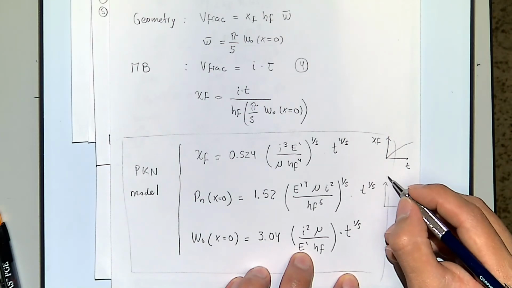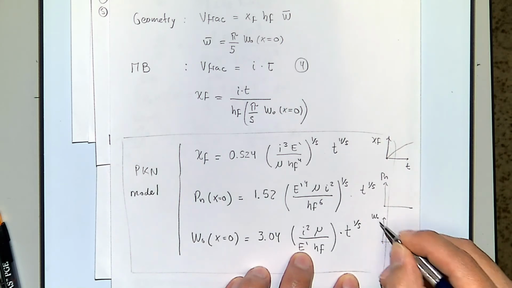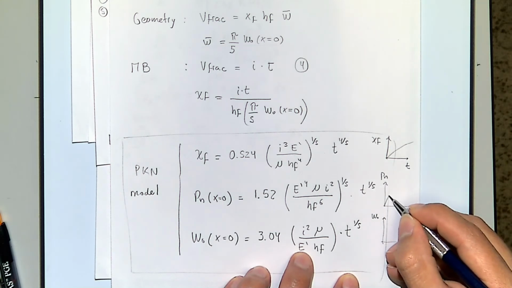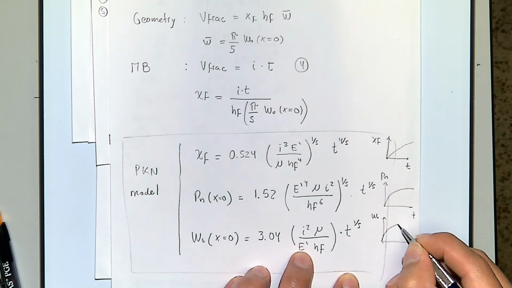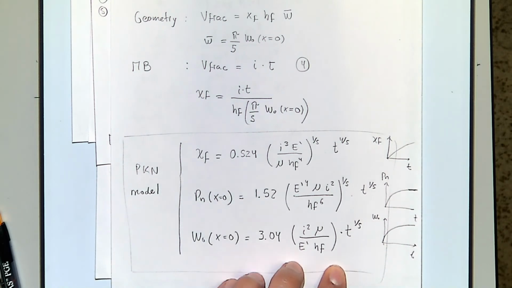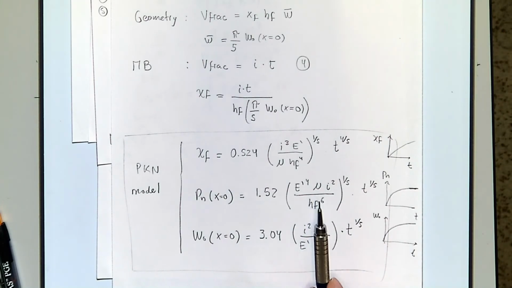But these two other ones, net pressure and the width, to the 1/5, they increase quickly at the beginning and they tend to plateau. Or not really plateau, but they increase much more slowly for bigger times. So this is about the net pressure.